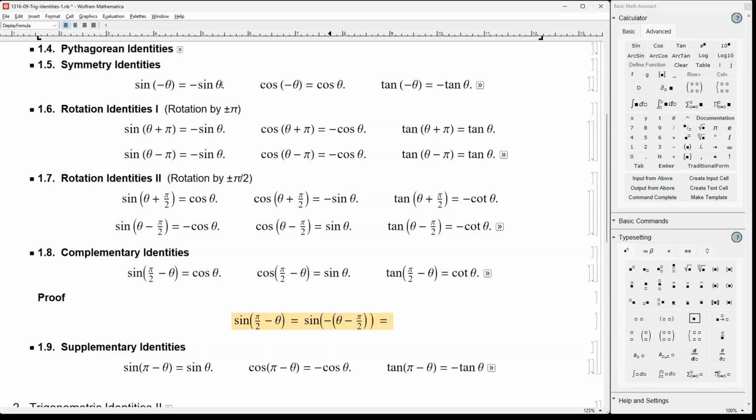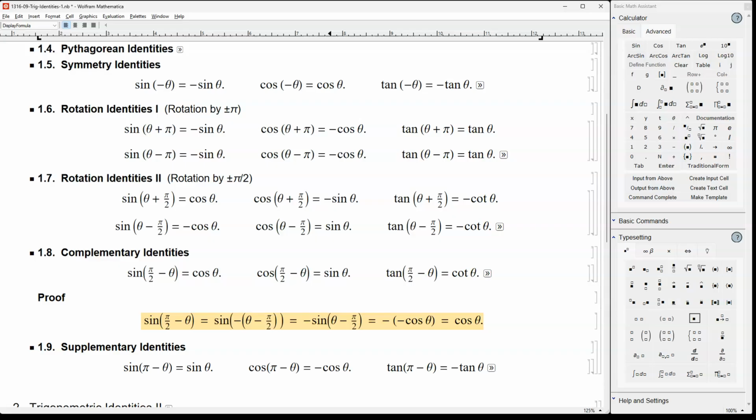If I use the symmetry identity, this will be negative of sine, so negative of sine of whatever was inside, and then sine of theta minus pi over 2 is negative cosine. We are almost there. Double negative, so it's cosine of theta. Is this the most effective way to do it? I'm not so sure, but it works.